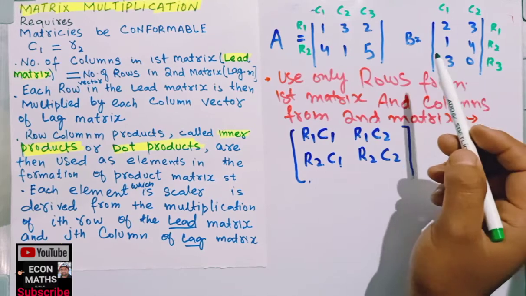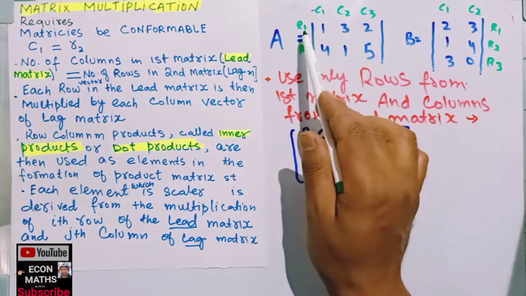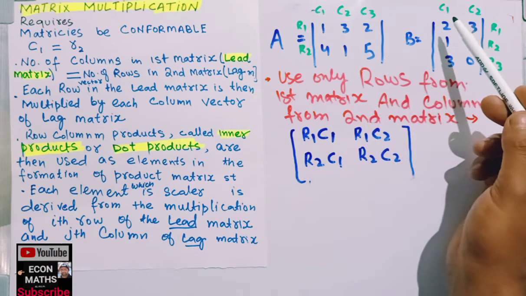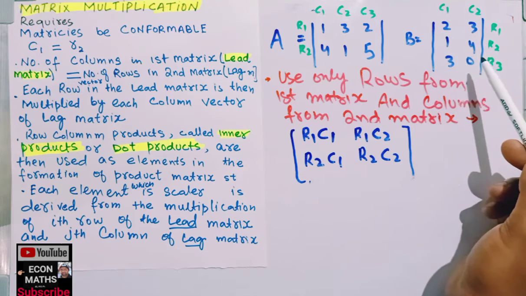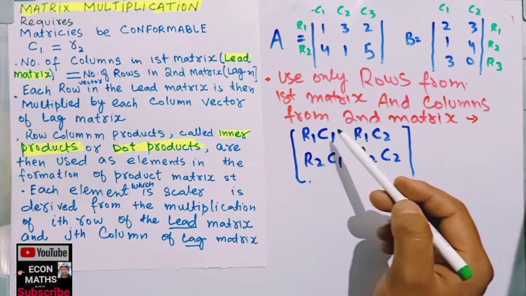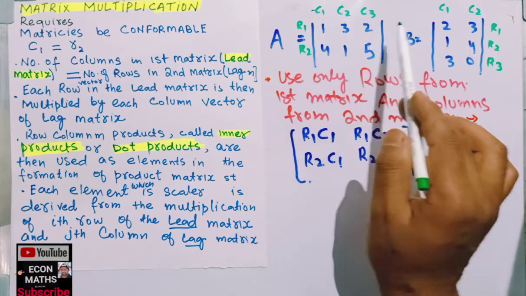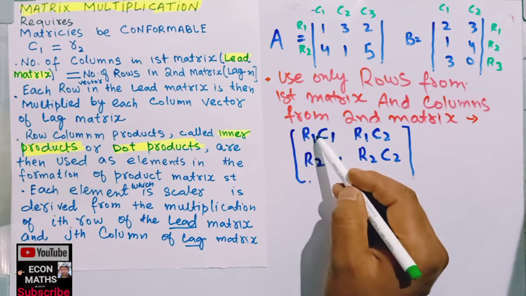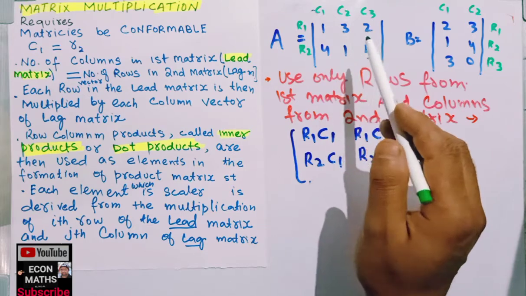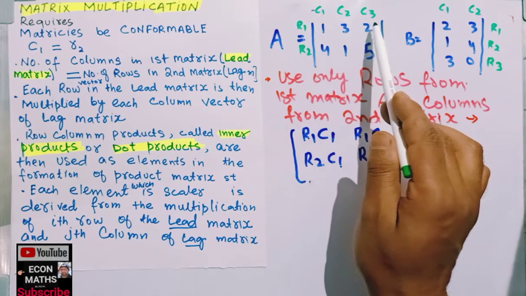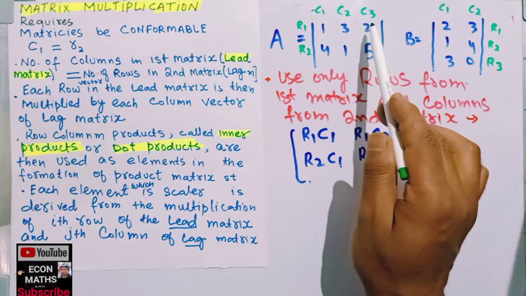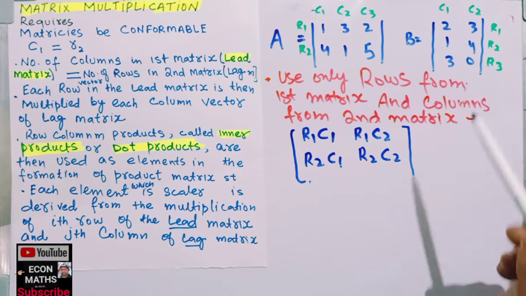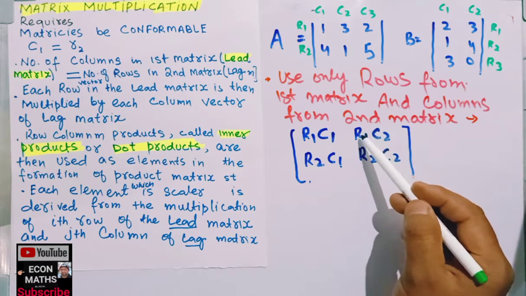We multiply the first row, R1, of the lead matrix with the first column, C1, of the lag matrix to get the first element. After that, we take the first row of the lead matrix and multiply it by the second column of the lag matrix to get the second element.